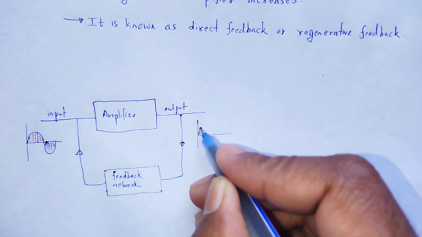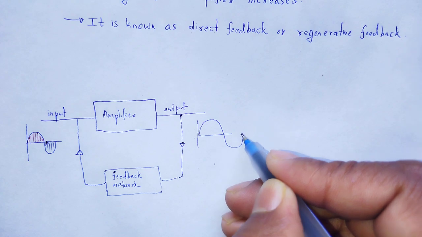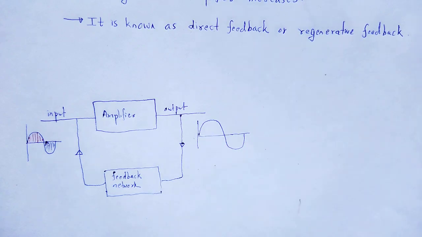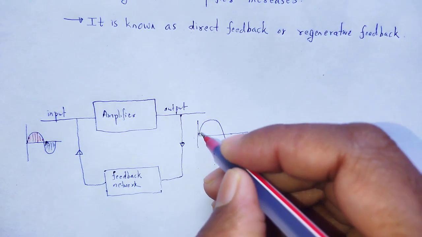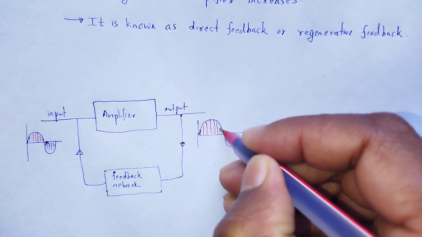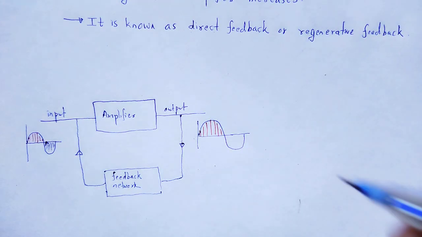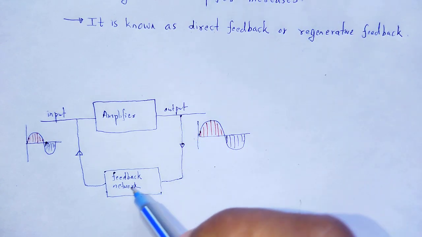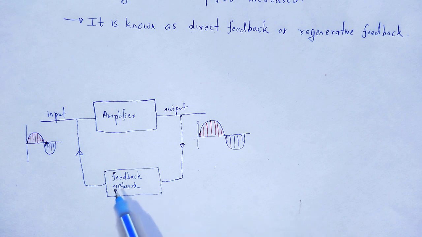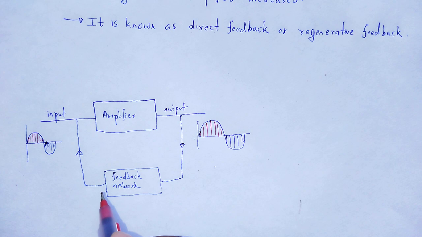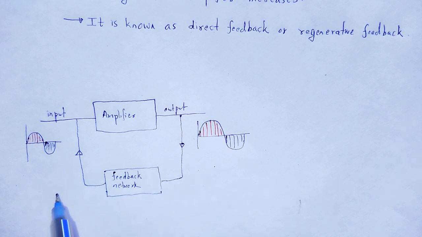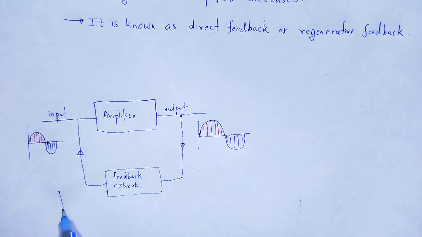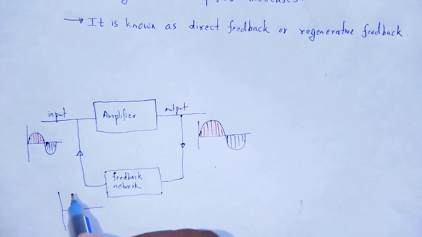At the output we obtain the amplified signal with the same phase. Now that amplified signal goes to the input of the feedback network, and after that feedback network we obtain the signal just out of phase.